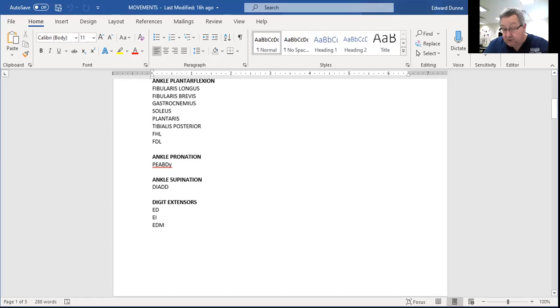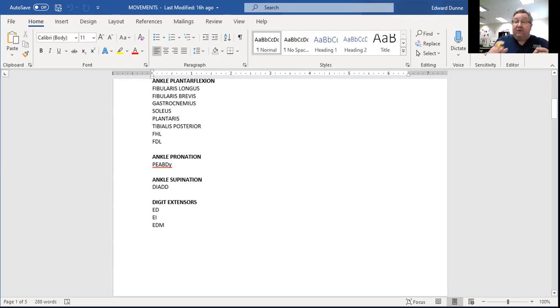But tibialis posterior definitely is. And again, you're going to see the Tom, Dick, and Harry muscles here also. All right, so tibialis posterior, flexor hallucis longus, and flexor digitorum longus.